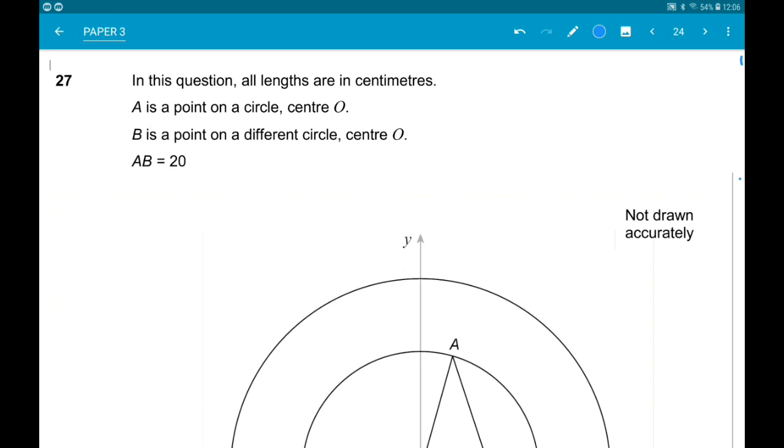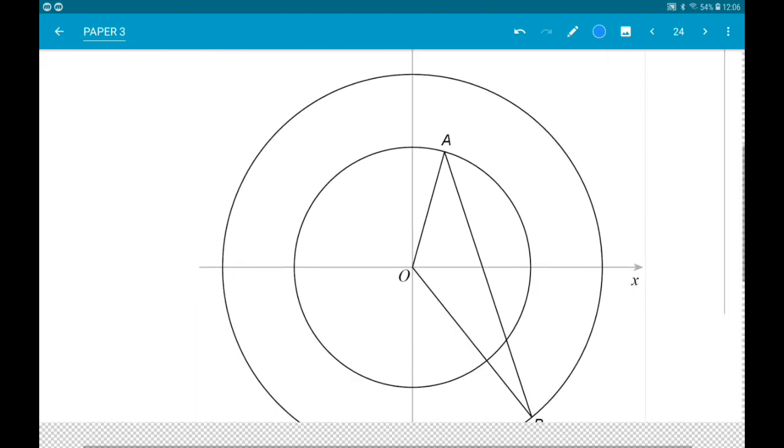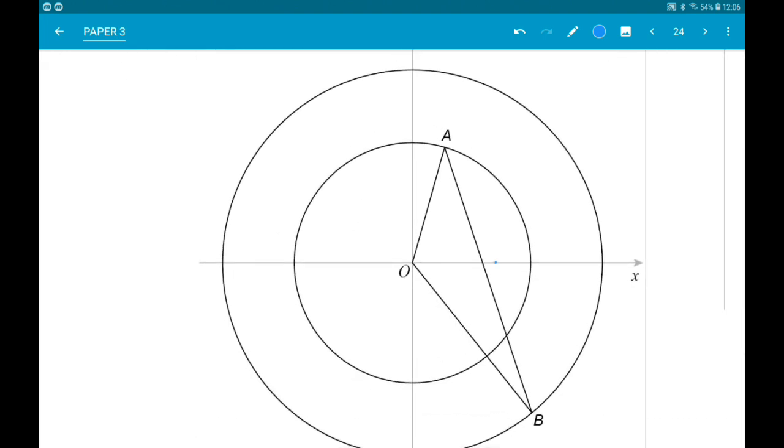Okay, number 27 is a massive question involving equations of circles, ratio, and cosine rule. So, in this question, all lengths are in centimetres, good times. A is the point on a circle, centre O. B is the point on a different circle, centre O. AB is 20. So, straight away, let's get that on there.